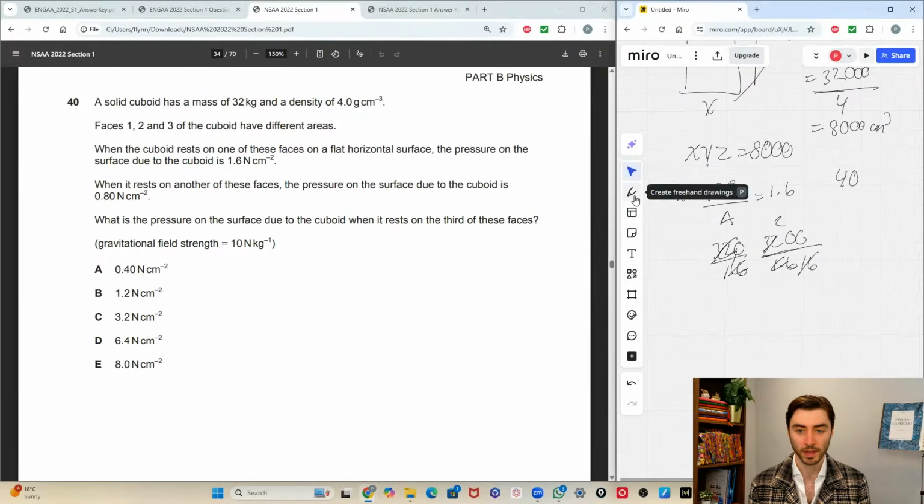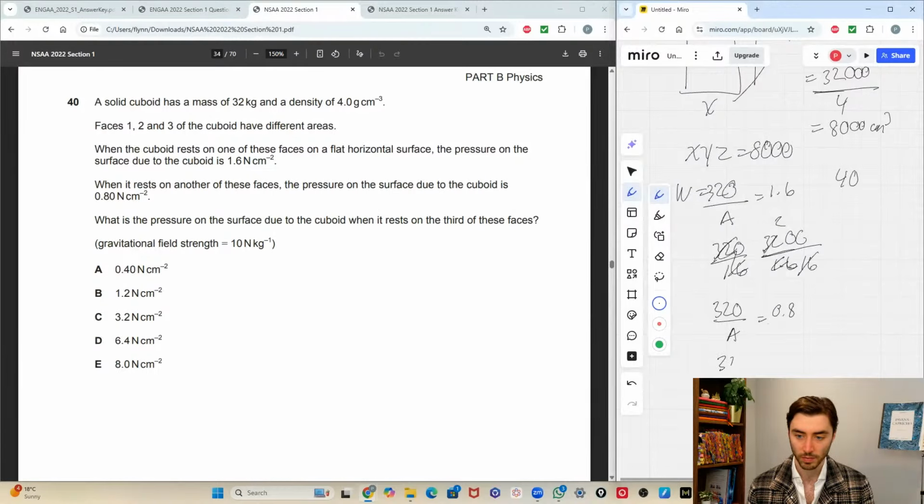Okay, and if we do the same thing here, the weight of 320 over another area is equal to 0.8. So 320 over 0.8 is another area, multiplied by 10, 400. So the other side length is, so there's a 40, there's a 20.